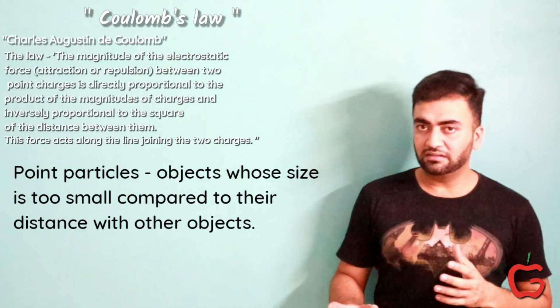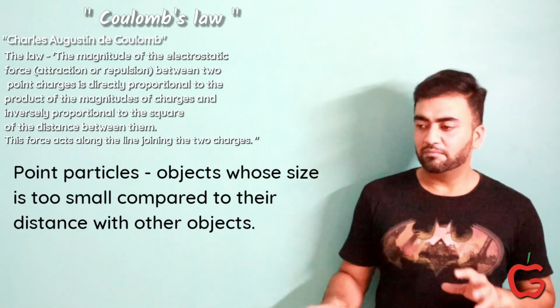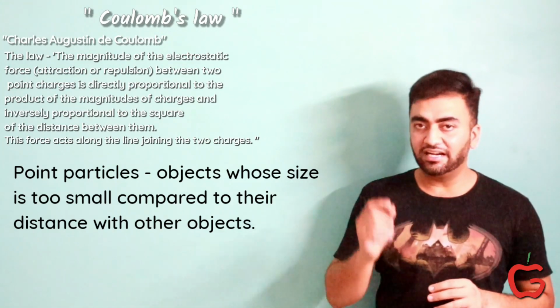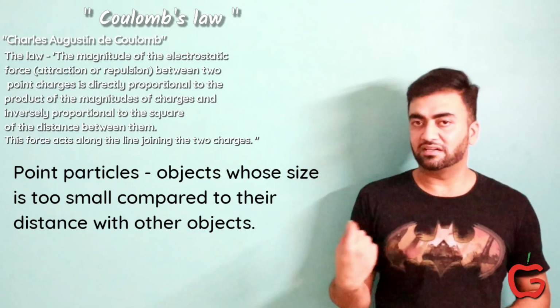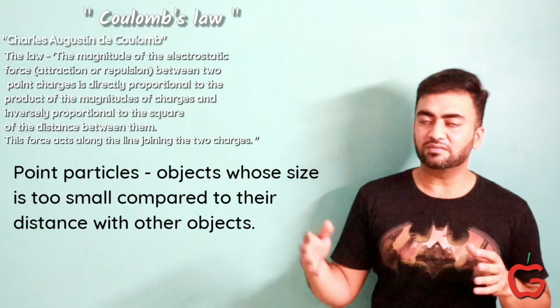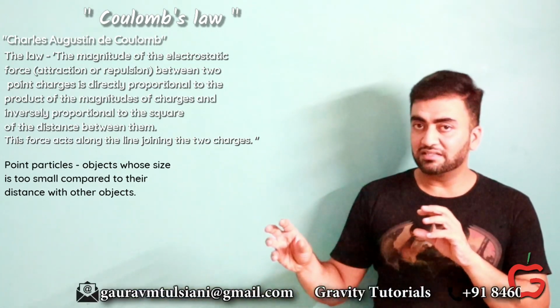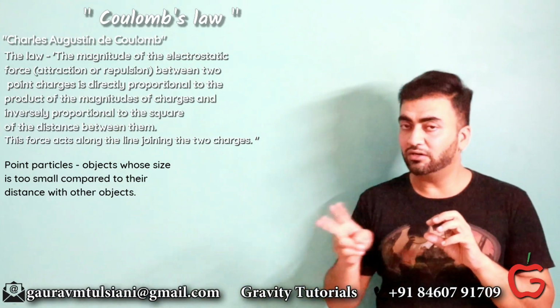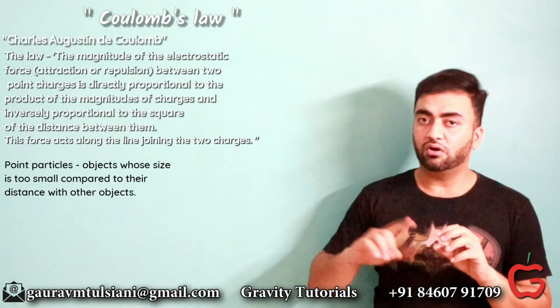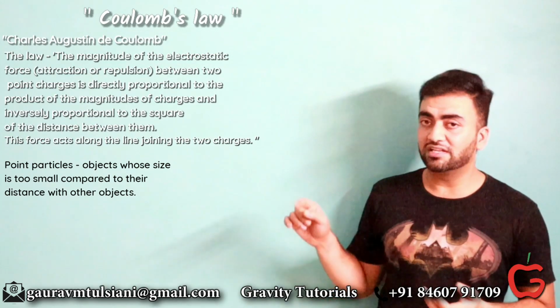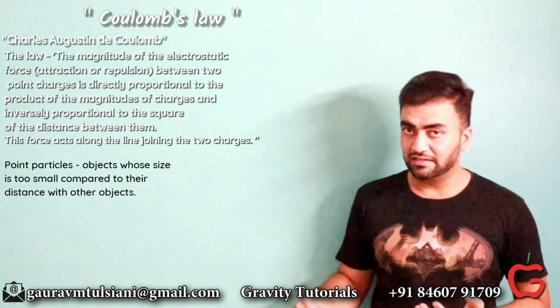For example, Earth is nowhere a point object, but when you look at a solar scale, it can be considered to be a point object because the distance between Sun and Earth is much greater than the size of the Earth. So when two charges are much smaller compared to the distance between them, they are called point charges. So this law is valid only for point charges.